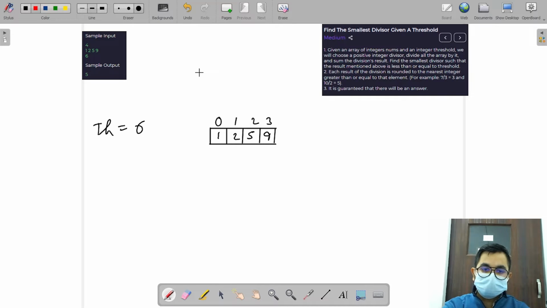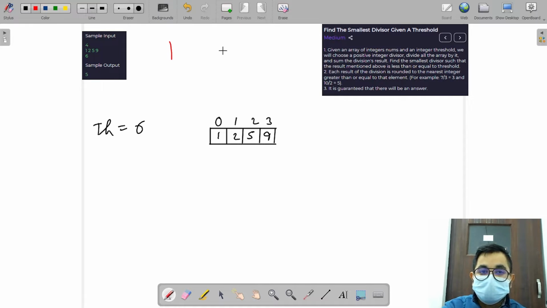Okay, so let's say I want to calculate the divisor. So let's start with 0. Is division by 0 possible? If you need to find that answer, go and search if you can divide by 0 or not. But I'm going to start my division from 1 because I know division by 0 is not possible.